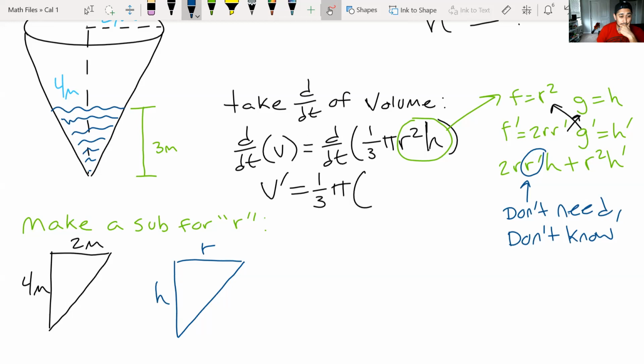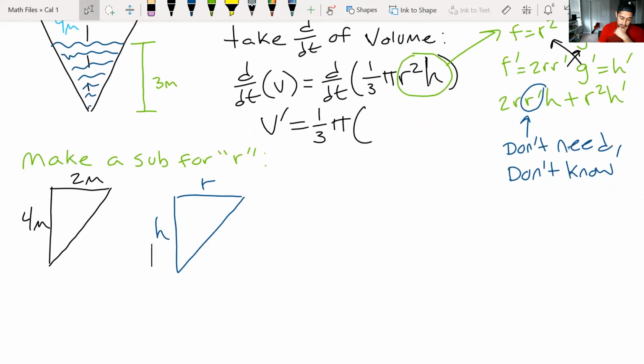And now, when we make the substitution for R, we are going to do it by similar triangles. This is how we make our substitution, by the use of similar triangles, which means that you can set their proportions equal to each other.